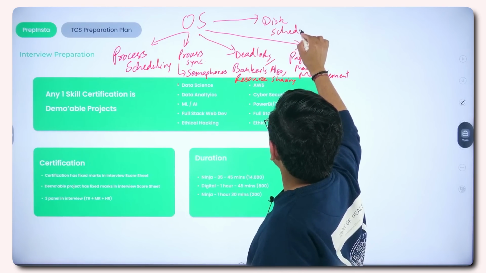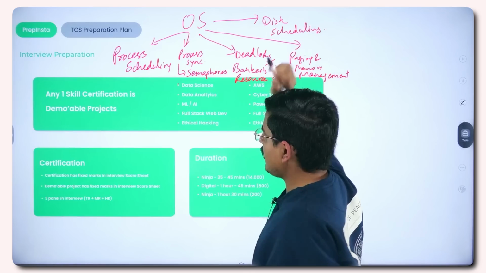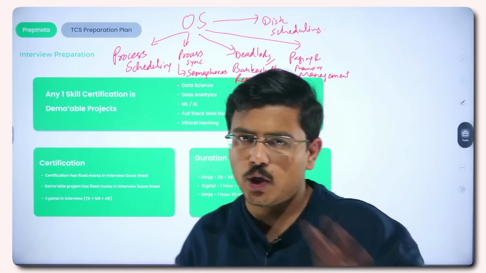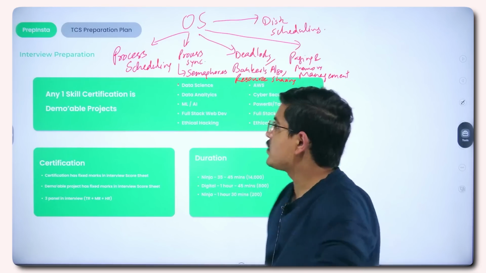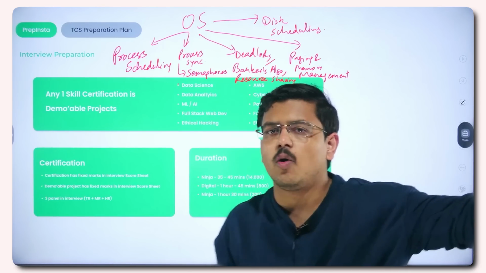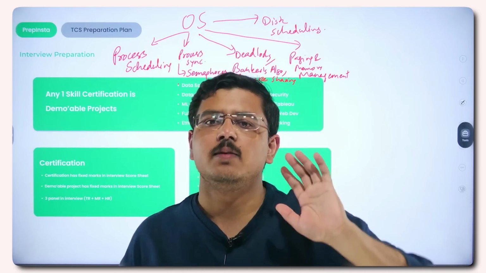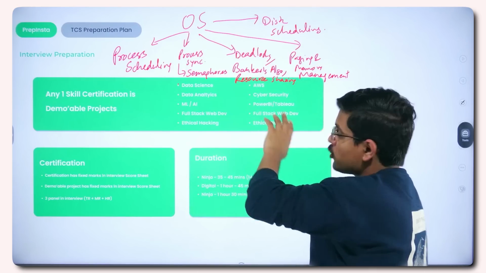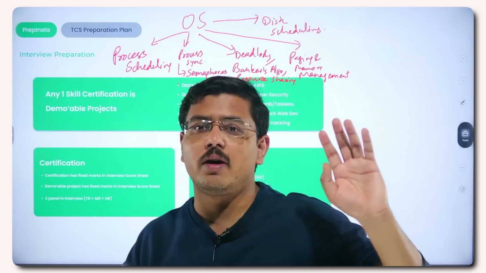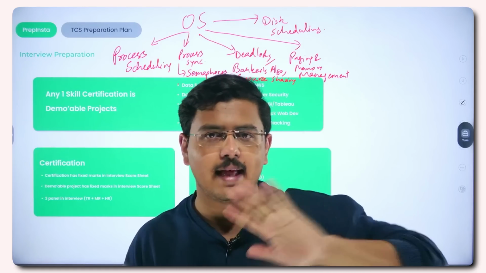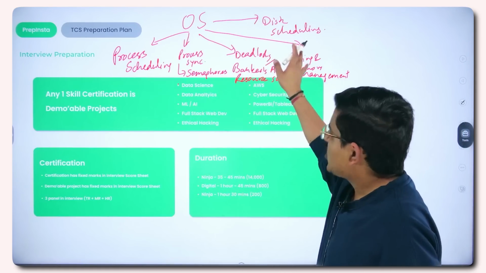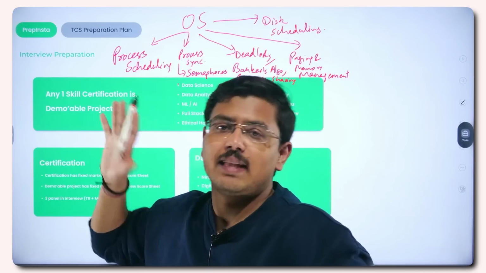I know you'll think that this is pretty much the whole syllabus of OS, but what you have to study is, in process scheduling, try studying all the algorithms. In process synchronization, don't study the whole thing. Just go and study semaphores. In deadlocks, don't study everything possible. Just the simple concept of deadlocks, banker's algo, resource sharing. That's it. In paging, understand what paging is. That's it.